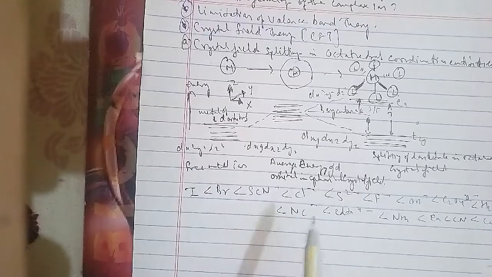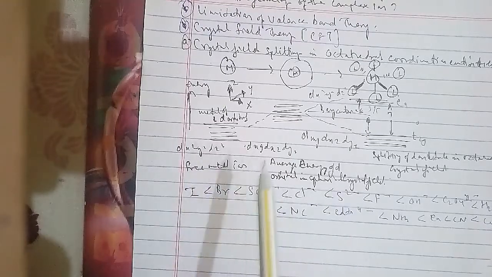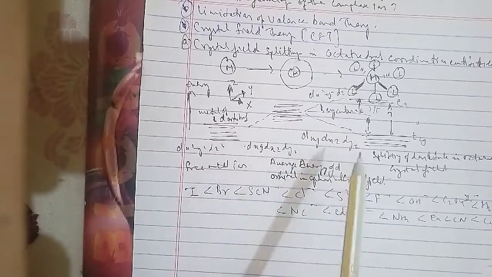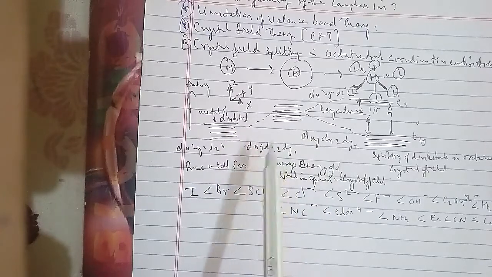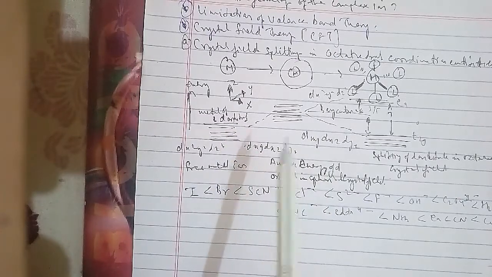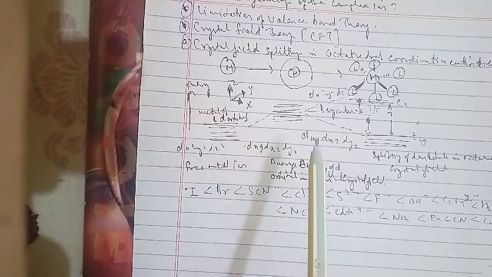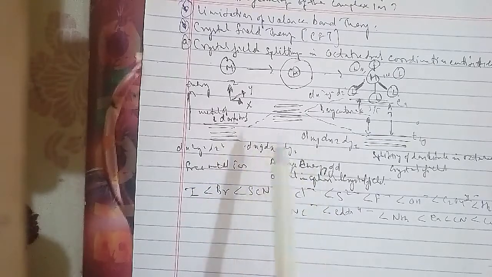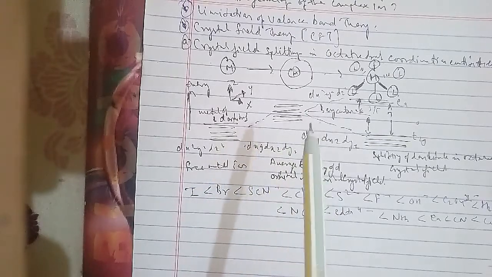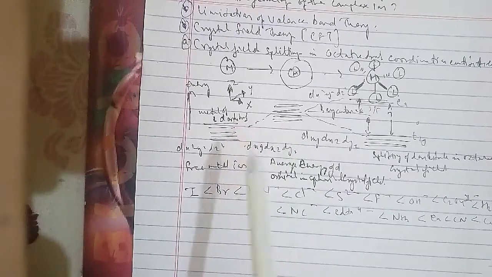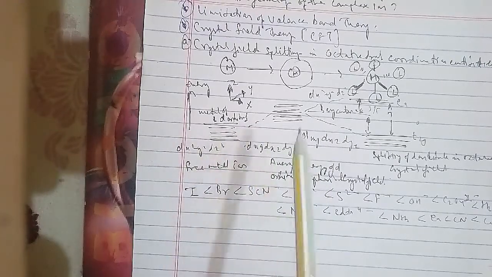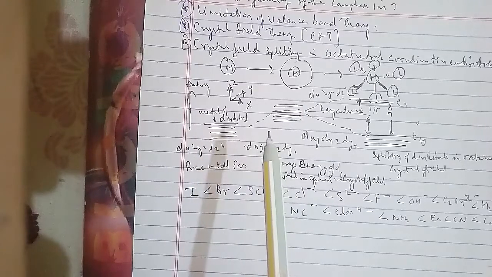For d4 ions, two possible patterns of electron distribution arise. The first is that the fourth electron could enter the t2g level and pair with an existing electron, or it could avoid paying the price of the pairing energy by occupying the eg level.